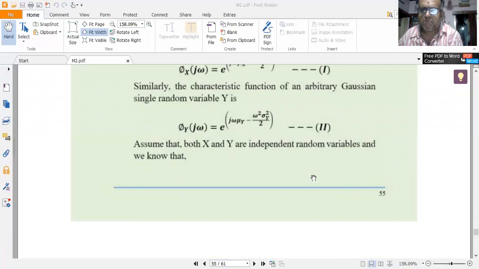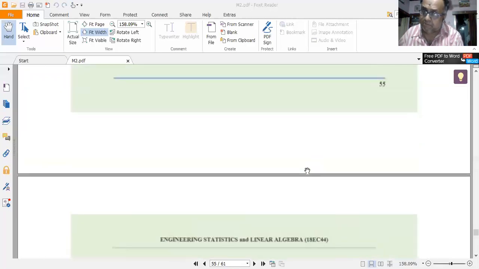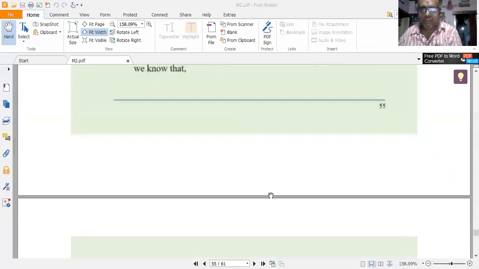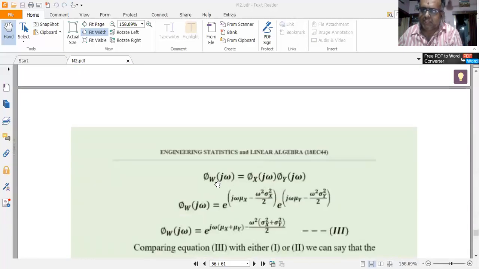Now, if I assume that both x and y are independent random variables, then from the previous derivation we know that if w is equal to x plus y, then the characteristic function of w is equal to the product of the characteristic functions of x and y respectively.